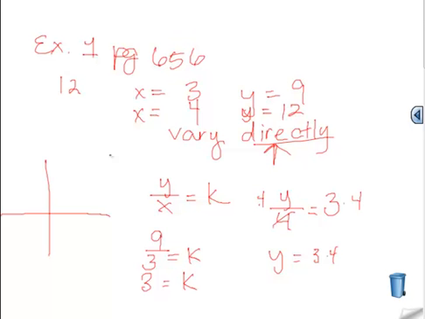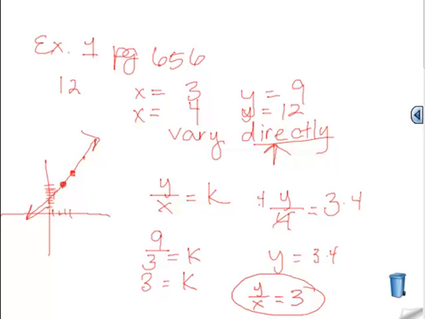So what's happening here is you're going to go over 3 and up 9, so something right about here. 1, 2, 3. 1, 2, 3, 4, 5, 6, 7, 8, 9. For this one, if we went over 4, we would go up 12. Do know that this will be growing proportionally as well, so it's going to look something like that. Your equation for this line, once again, is y divided by x is equal to 3.